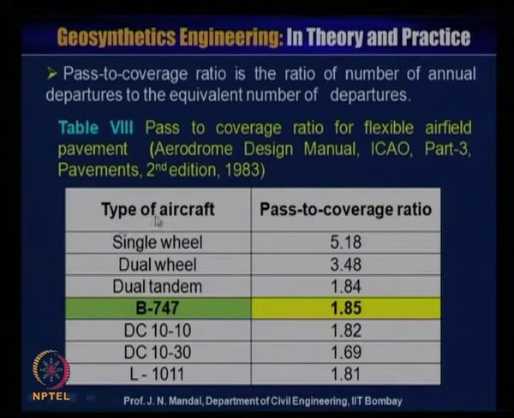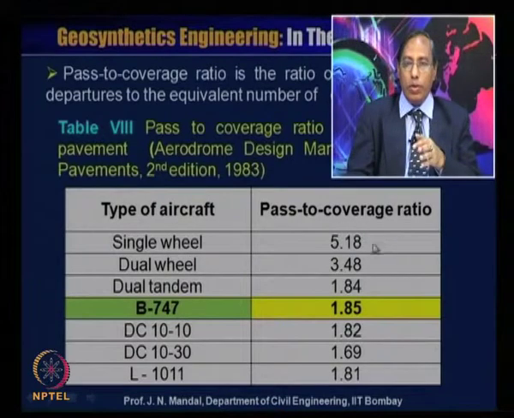Here for the different types of aircraft, you can see single wheel, dual tandem, B747, Boeing DC 10-10, DC 10-30, L1011, and this is the pass to coverage ratio, starting from 5.18 to 1.81. So, we will consider some cases for design, that Boeing 747, for which the pass to coverage ratio we will take as 1.85.